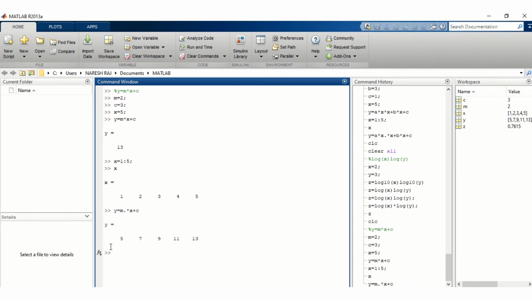Here you are seeing the value of y for each value of x. When you put x equal to 1 in this equation, the answer will be 5, and then next you put 2 in place of x, then you get the answer 7. And now we will discuss the next equation.